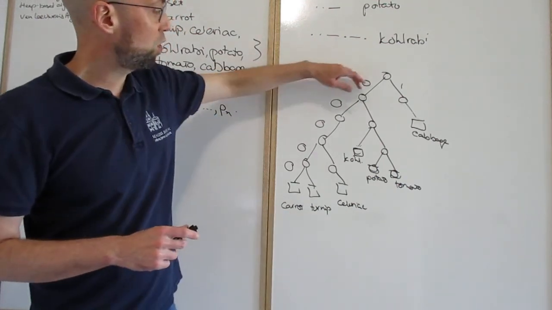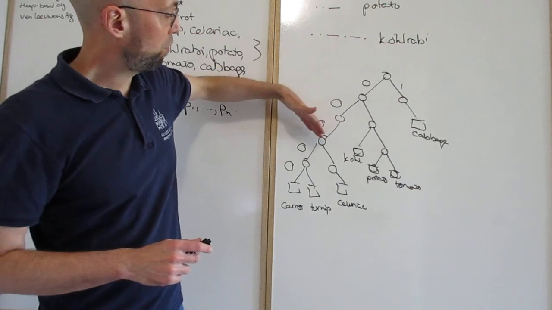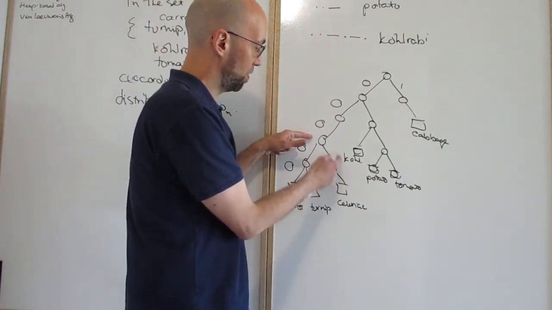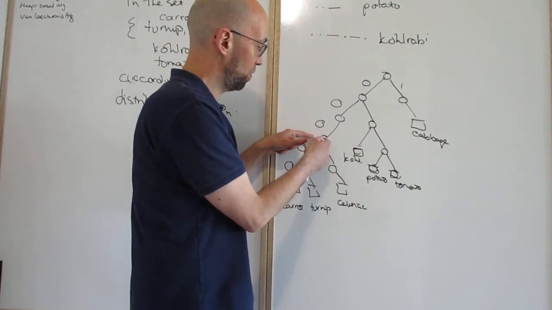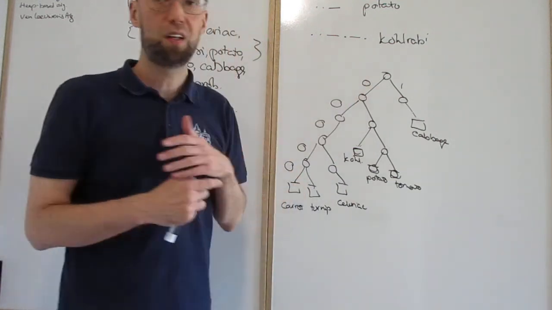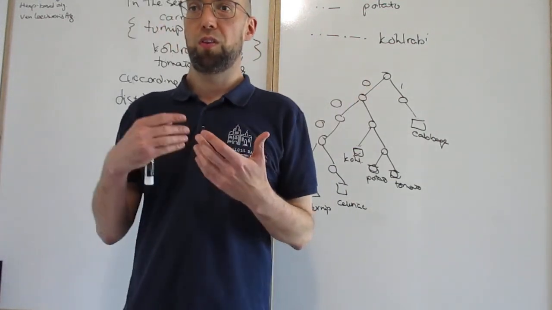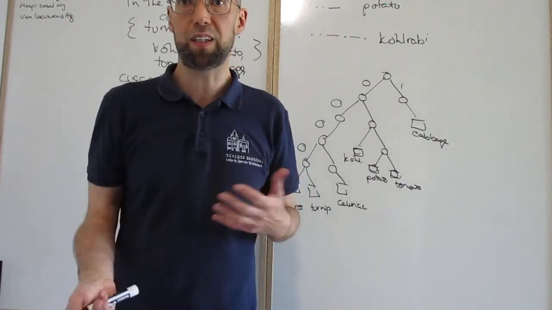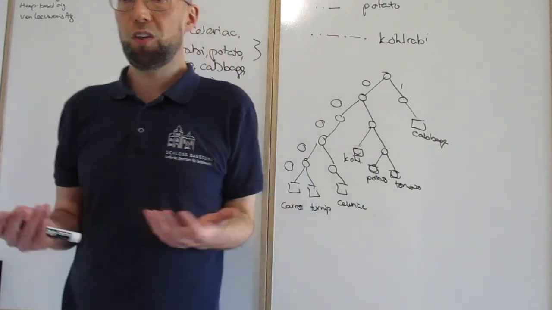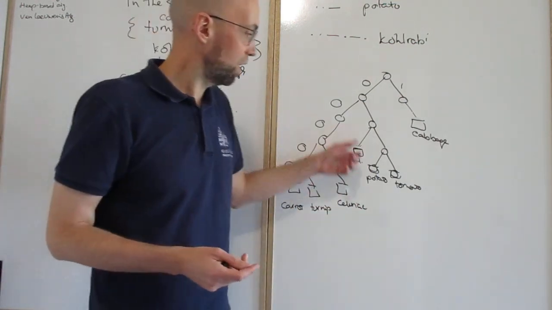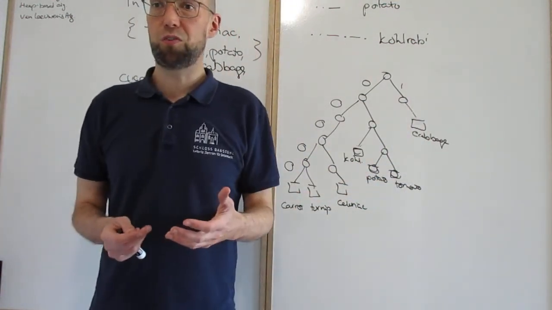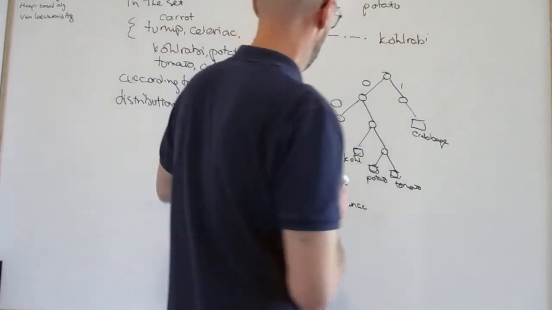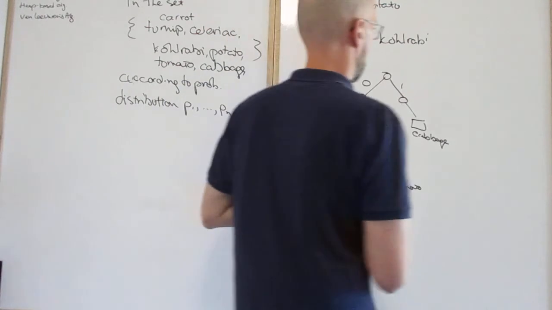So if any code word was a prefix, then it would mean that the label for that vegetable would have to be in the middle of a path to one of the other vegetables, which would mean that it wouldn't be a leaf. So as long as I label the leaves with the vegetables, then it works.